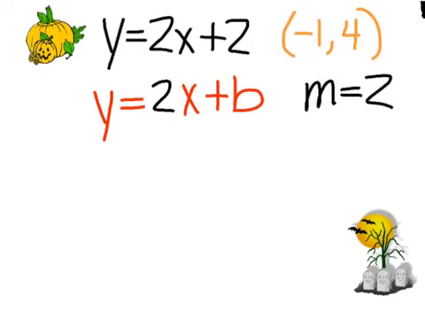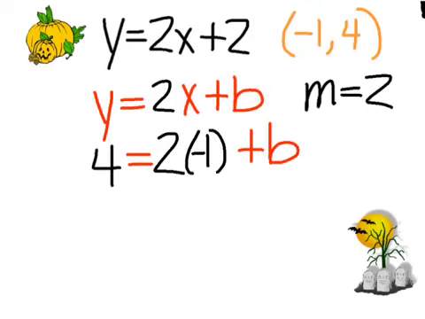M. That's right. Next, we're going to use our point. Which of these is the x value for our point? Negative 1. And which is the y value? 4. So we're going to plug in negative 1 for our x and 4 for our y. Now we can just solve this equation for b. What's the first thing we want to do?